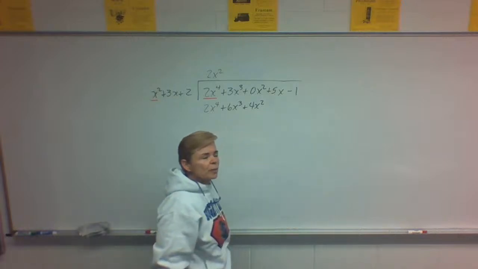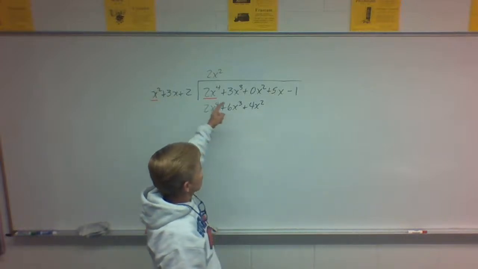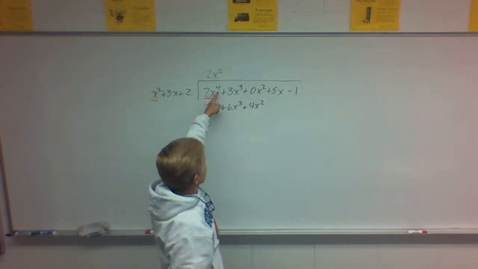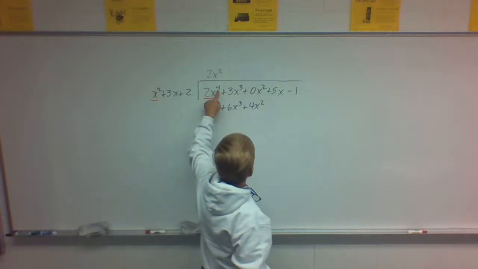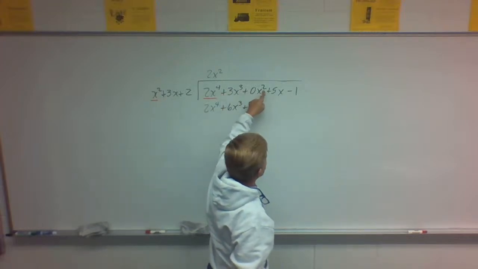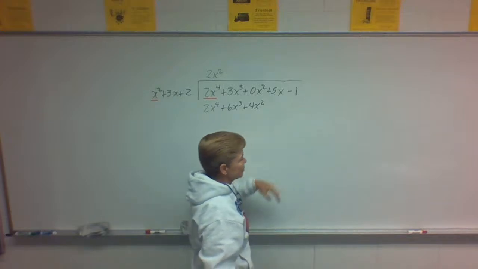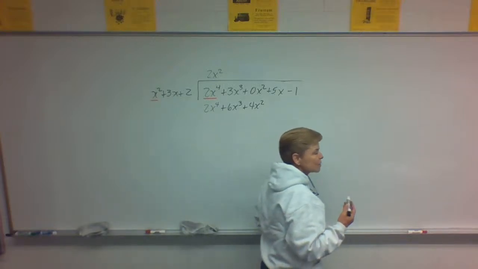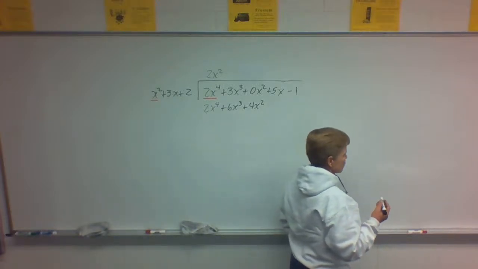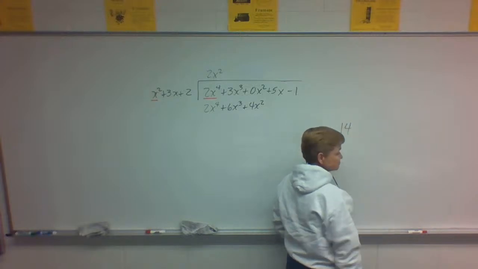So the very first thing you better check out on problems like this is to make sure the thing that you're dividing has all of its powers, starting with the biggest one. We got a 4, 3, we were missing a 2, you've got to build it in, a 1, and a constant. You have to build it in. The same reason why when somebody says, how do you write 104? You do not write it this way.